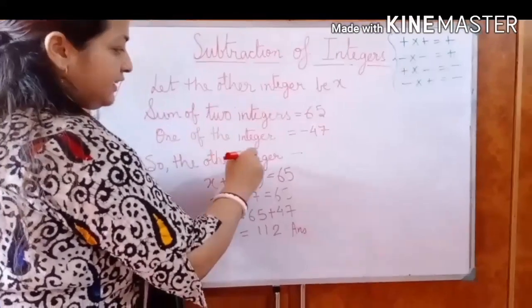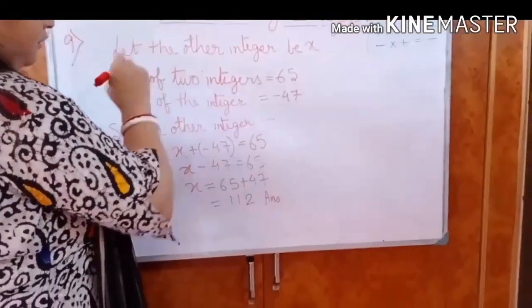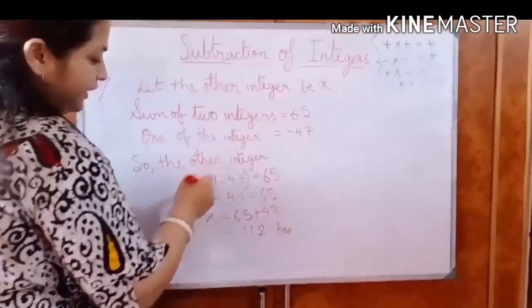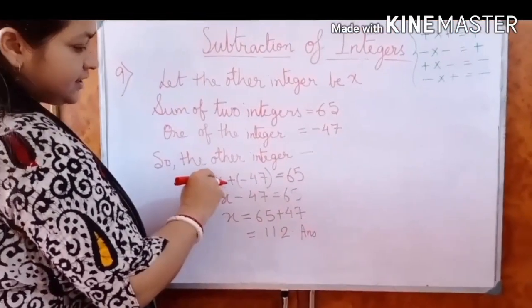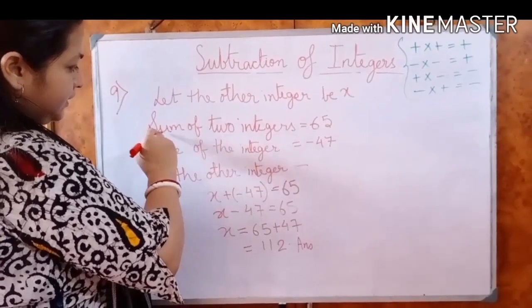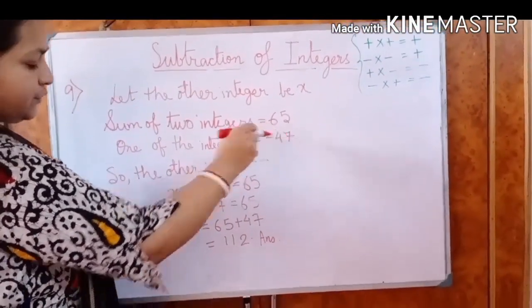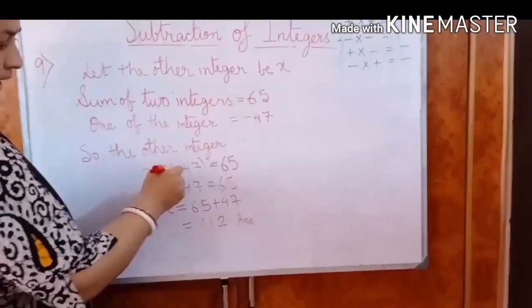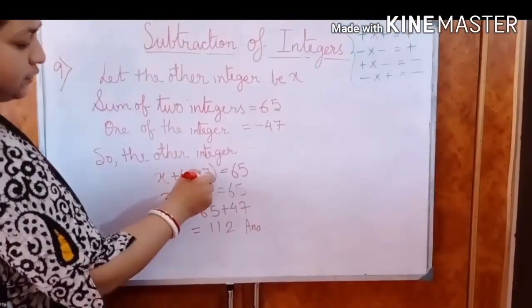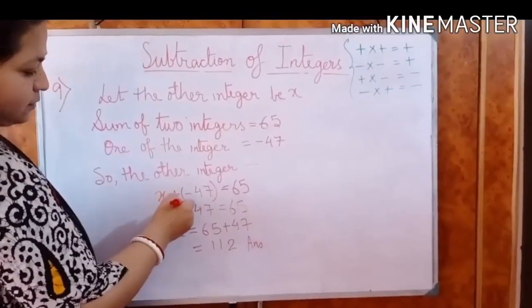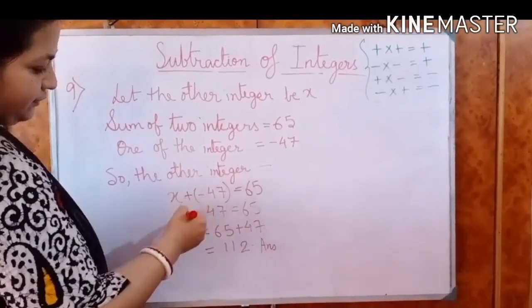So the other integer, how will you write it? The two integers have to be written together. One integer we have taken as x. So x plus, since the integers are added, x plus what is the other integer? Minus 47, written in a bracket, right? X plus minus 47 is equal to the sum, 65.